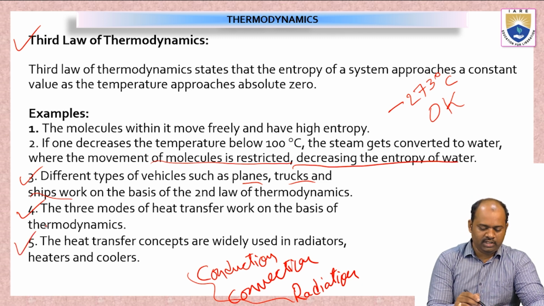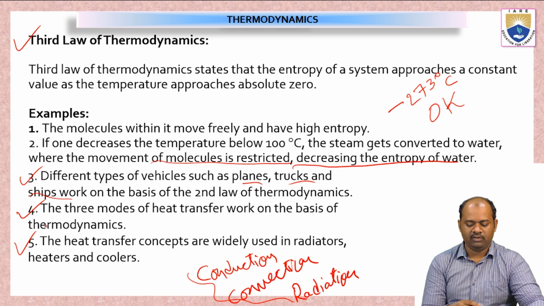And then the fifth example is that heat transfer concepts are widely used in radiators, heaters and coolers. All three heat transfer concepts, conduction, convection and radiation, are used in radiators. Radiators are devices used to cool the IC engines in all automobiles, so the radiator will cool down or remove the heat from the IC engine.